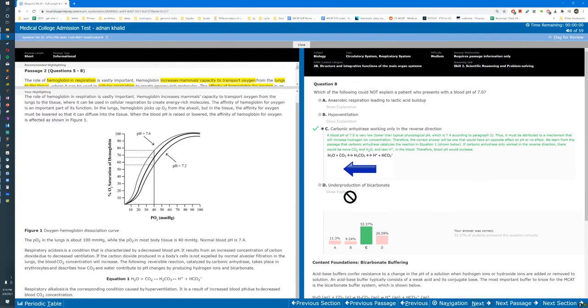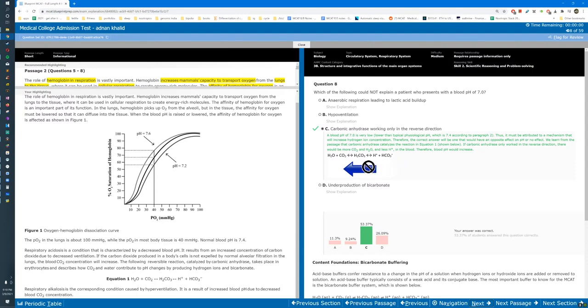Underproduction of bicarbonate. Remember in the last question, bicarbonate is given off from the red blood cell in exchange for chloride, as it processes the CO2, which naturally makes things more acidic. So with less bicarbonate, I don't expect you have to have this memorized, but this is the bicarbonate ion, and if there's too little of this, it's going to go backwards.